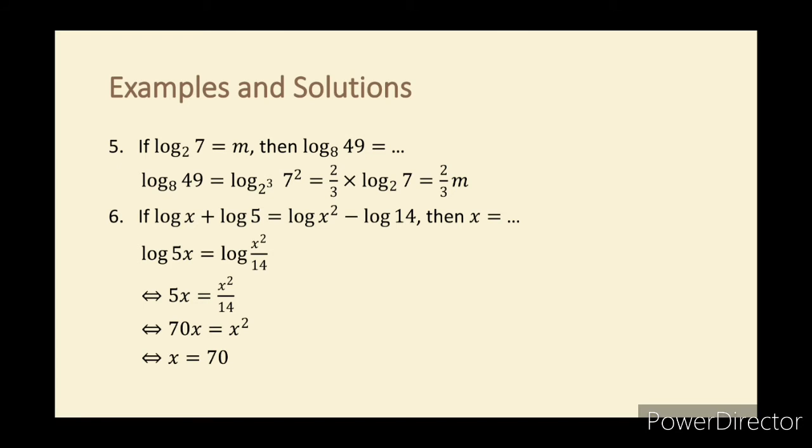Equivalent: 5x equals x squared over 14. Equivalent: 70x equals x squared. Equivalent: x equals 70.